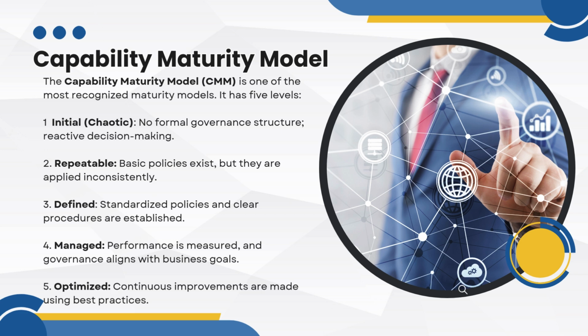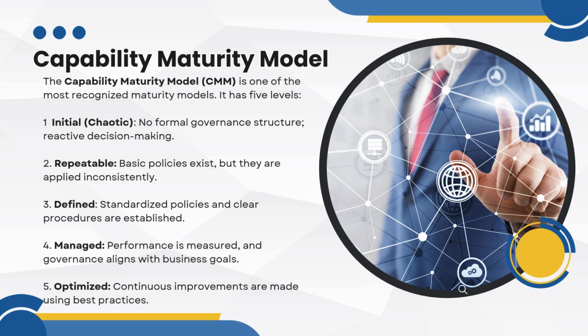The Capability Maturity Model describes how well an organization manages its ICT governance. It has 5 levels, from no governance at all to fully optimized governance. Level 1, initial: no official ICT governance. IT decisions are made reactively and security risks are high. Level 2, repeatable: some policies exist, but they are not applied consistently.